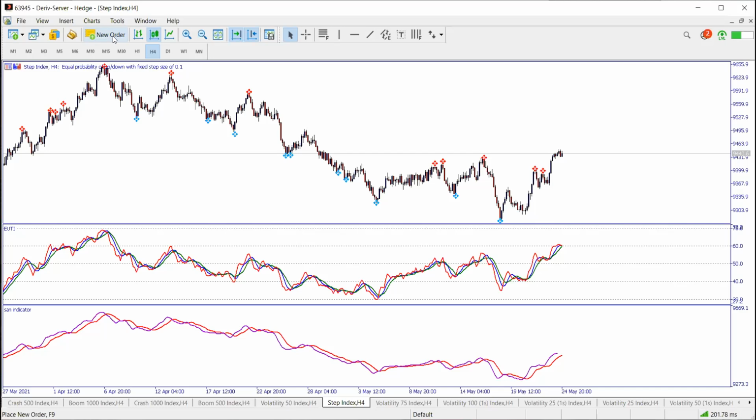After it is done calculating for you, it gives you a diamond to tell you when to sell or when to buy. When it is time to sell, it gives you a red diamond. As you can see, this is a red diamond and it was a sell, right?